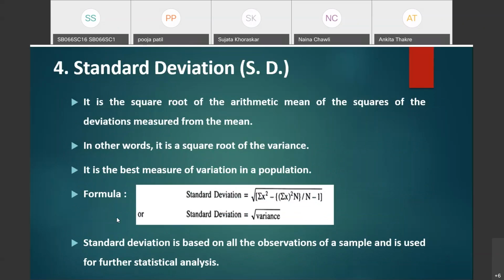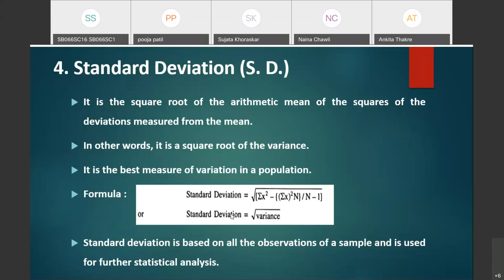In this formula, standard deviation is equal to the square root of the variance. It is the square root of the arithmetic mean of the squares of the deviations measured from the mean. In other words, the standard deviation is the square root of the variance.